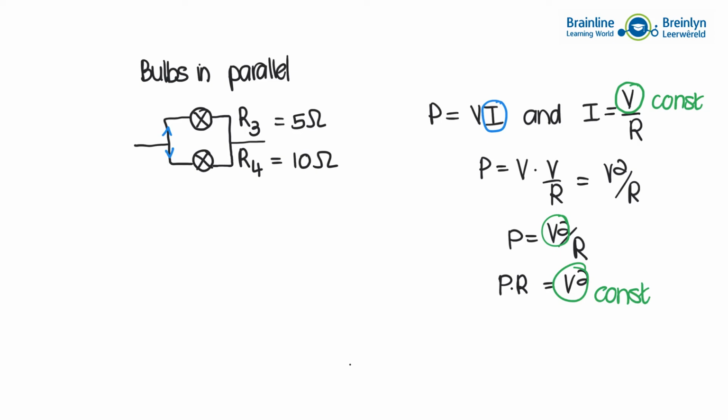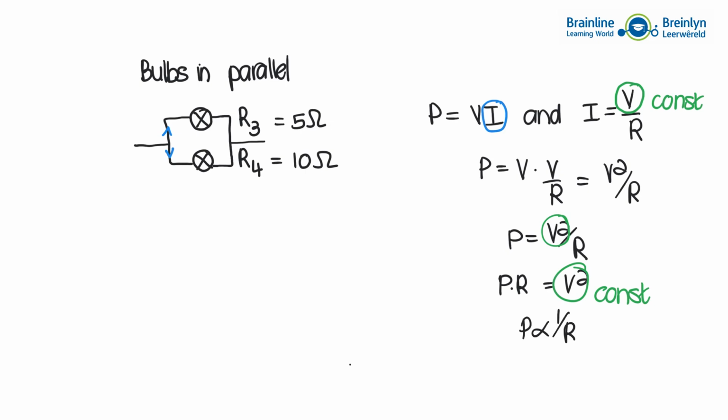Now, from the theory of proportionalities, you should know that if we have two variables which are multiplied, like the P and the R, to give a constant value, then those two variables would always be inversely proportional. We therefore know that P is inversely proportional to R. Now, what does inverse proportion mean?